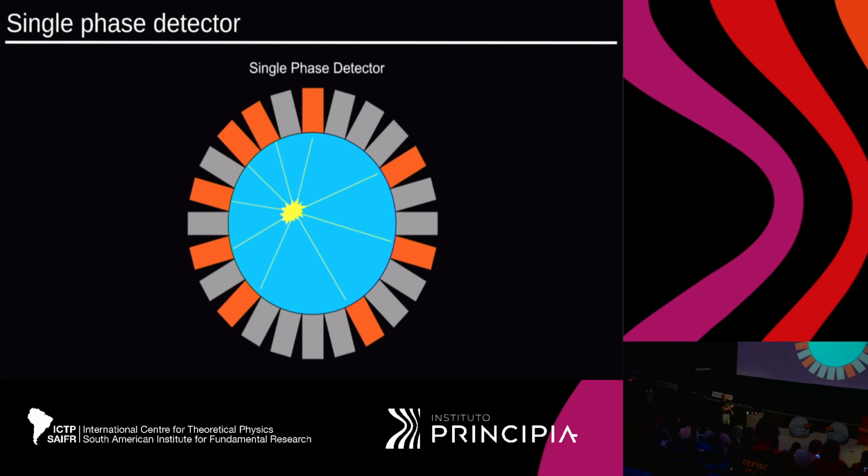And if you have a good design, you are able to collect the vast majority of these photons, and also by looking at the intensity of the light that you receive in each of these photosensors, you are able to reconstruct the position inside this volume, which is very important if you want to fiducialize and just select the areas that are at the core of your detector and that are cleaner, okay?